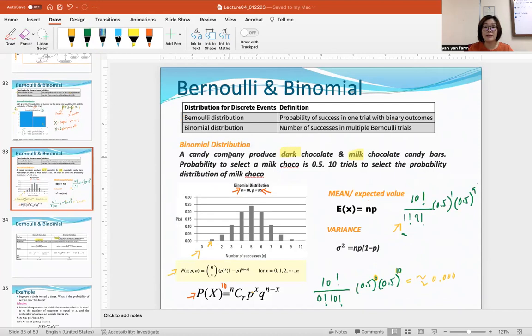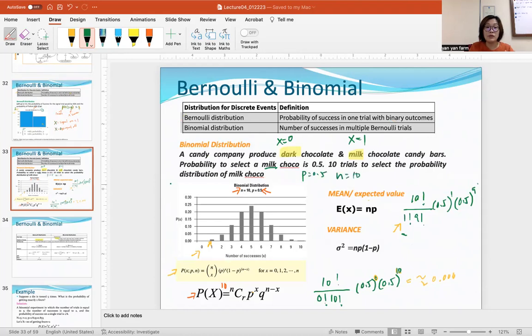Next, let's look at an example of the binomial distribution. Everyone loves chocolate. A candy company produces dark and milk chocolate. My x equals 0 if dark, and x equals 1 is milk, because I'm looking for milk chocolate. My successful rate p is 0.5, and my n is 10.